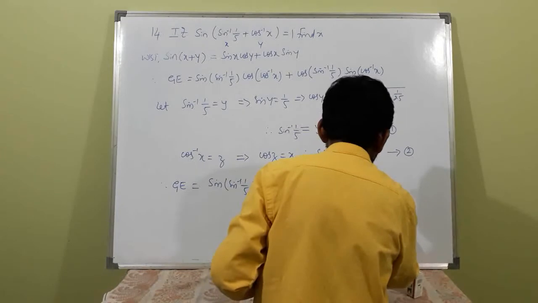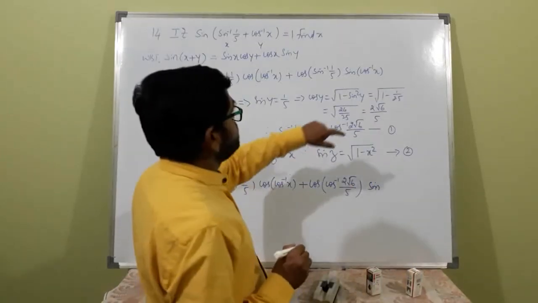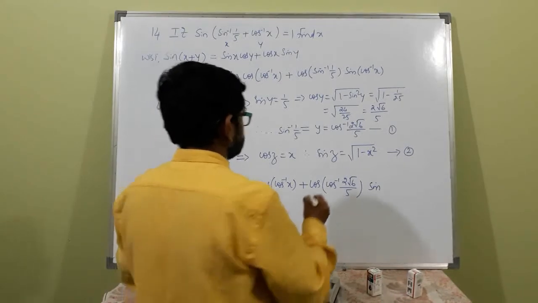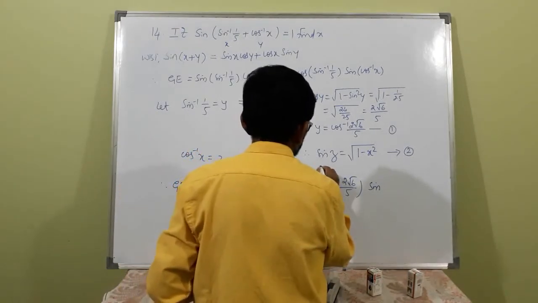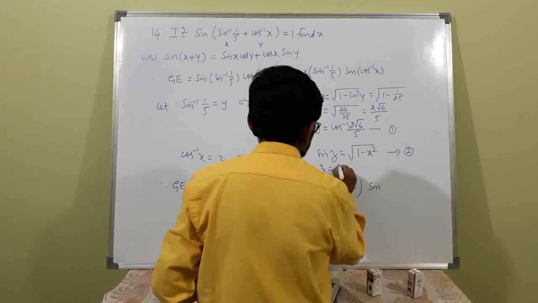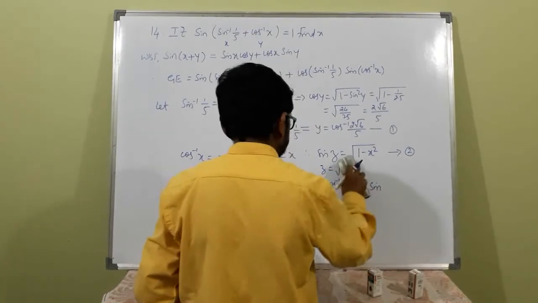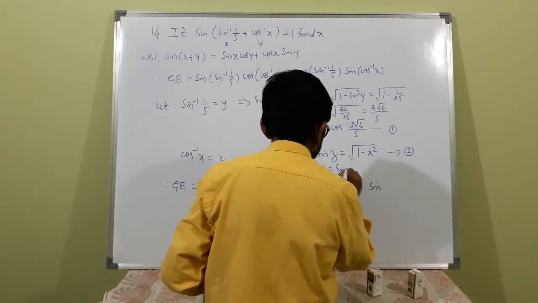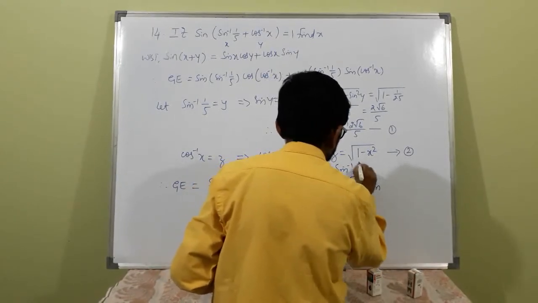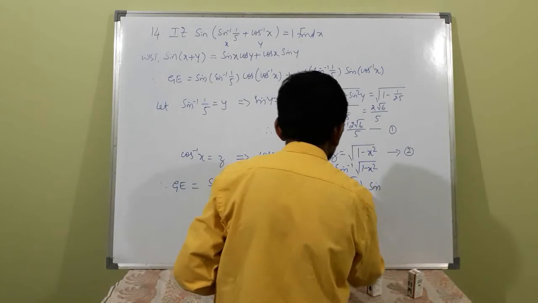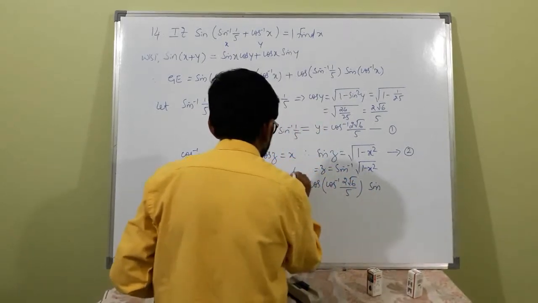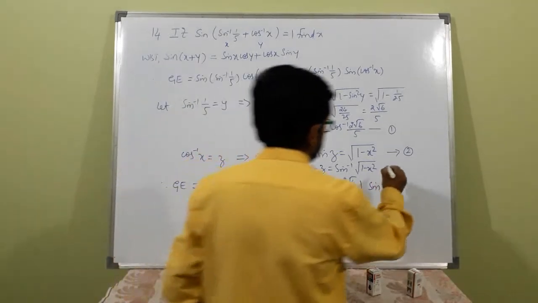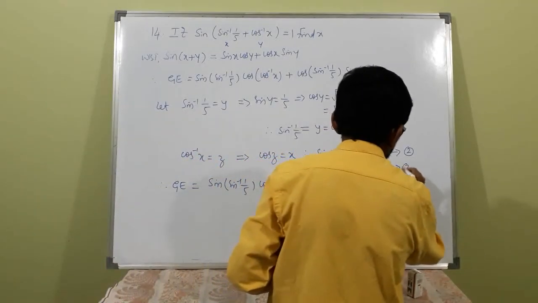Similarly, sin of cos inverse x, cos inverse x is z, so z is equal to sin inverse of root of 1 minus x squared. This is cos inverse x. Okay, let us call it as 2.